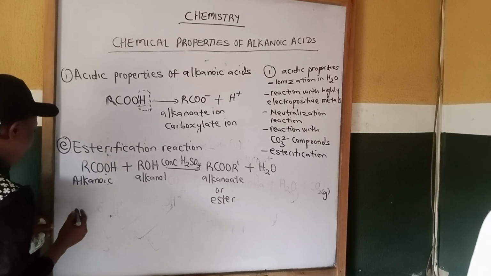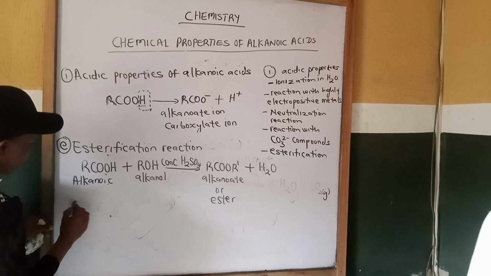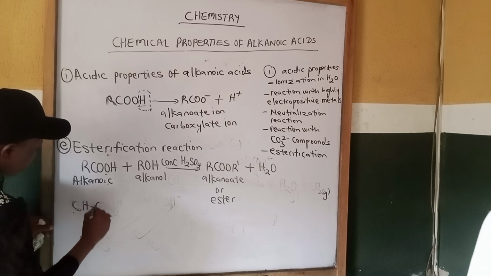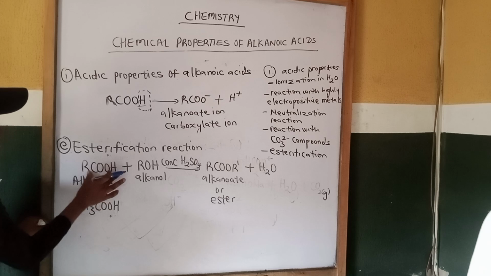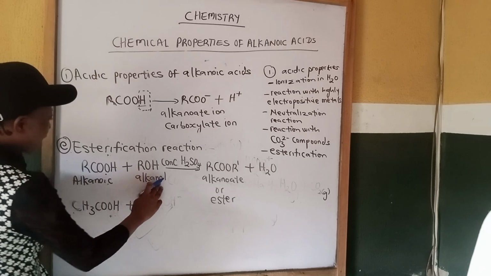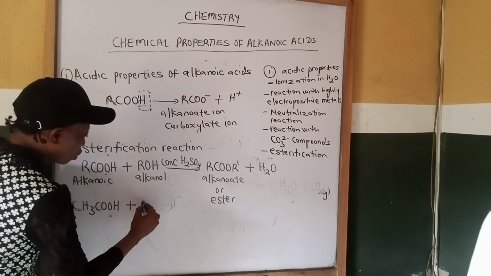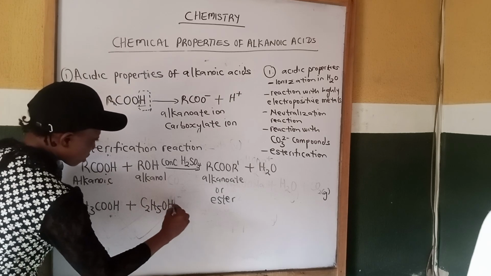I'm going to use ethanoic acid, that's CH3COOH. So this is an alkanoic acid. Then plus alkanol. Let's use ethanol, that's C2H5OH.